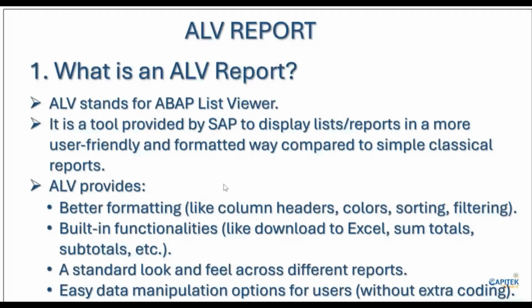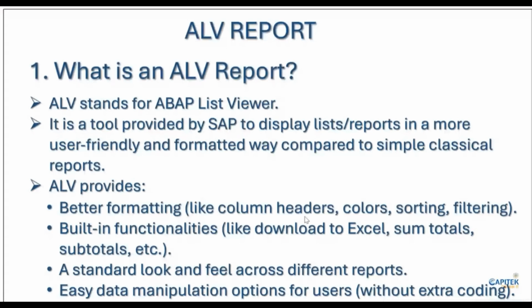So what are the major features that ALV report provides us? Better formatting. Better formatting means we have different columns and column headers, you have an option for colors, you have an option for sorting and filtering.